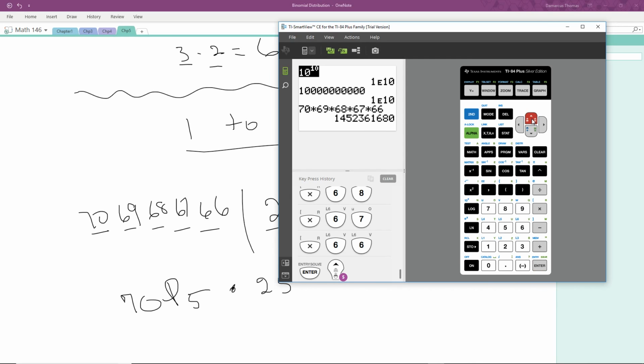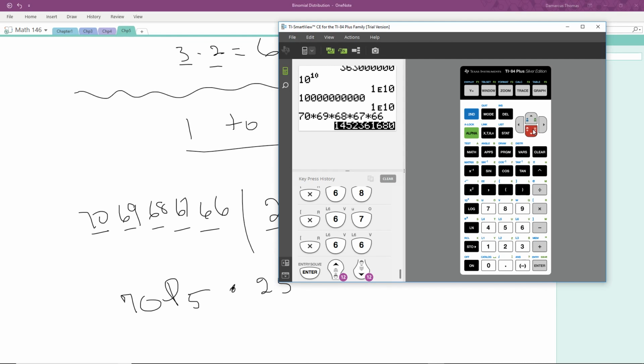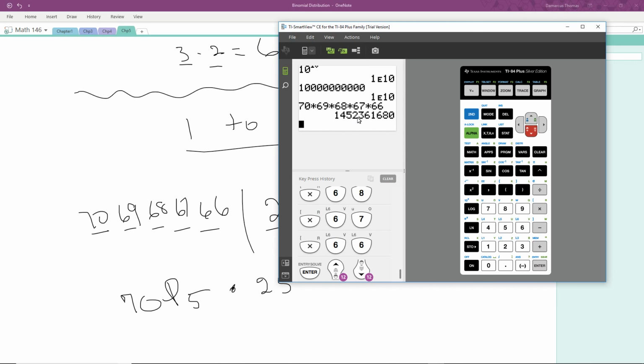Okay, that was similar to what we had earlier. 70 nPr 5, they got 1.45 billion. Yeah, 1.45 billion. And then if we take that last number and multiply it by 25, there it is.